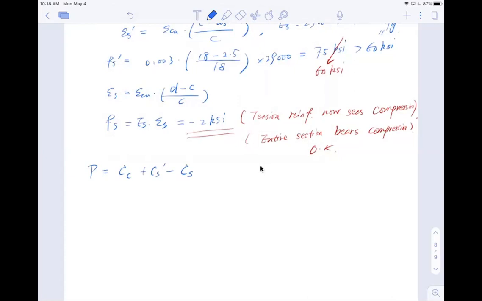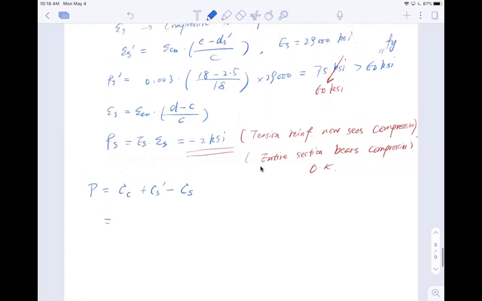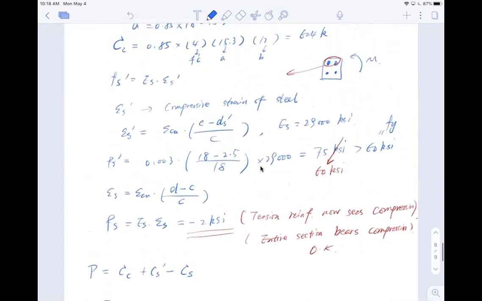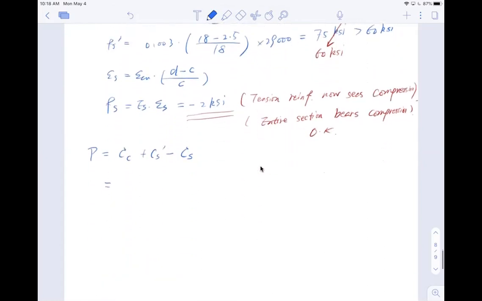Cc, the total compression force from the concrete, I just calculated as 624. So Cc plus Fs prime multiplied by As prime, minus Fs multiplied by As.